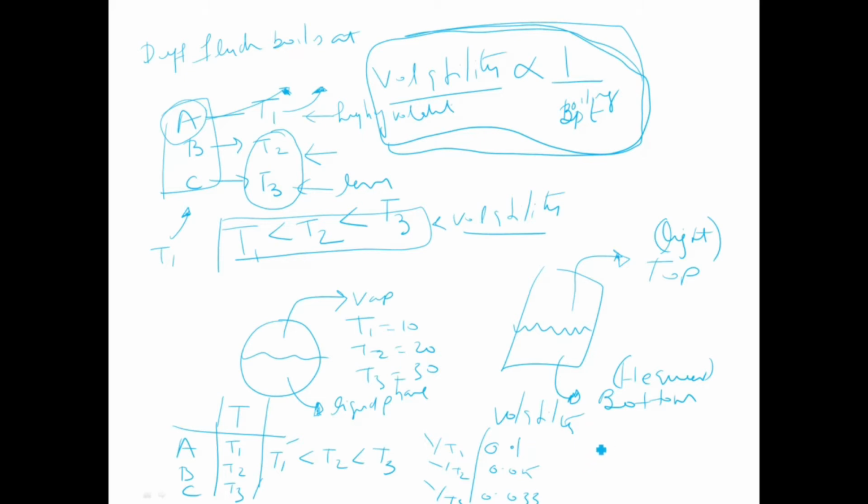So if you express it in terms of boiling point, it will be like this. If you express it in terms of volatility, let's call them alpha 1, alpha 2, alpha 3. Alpha 1 will be greater than alpha 2 and alpha 3. So this one is less volatile, and your compound A is more volatile, and it boils at a much lower temperature. These are the things you should know.